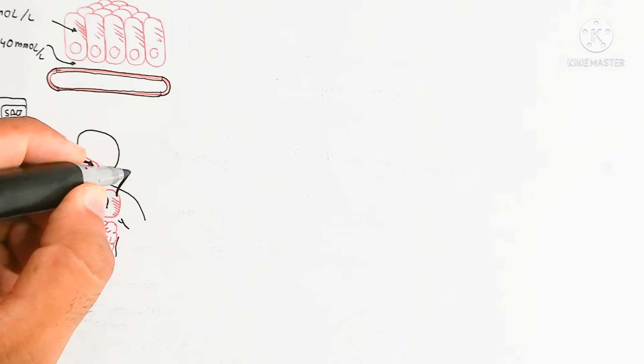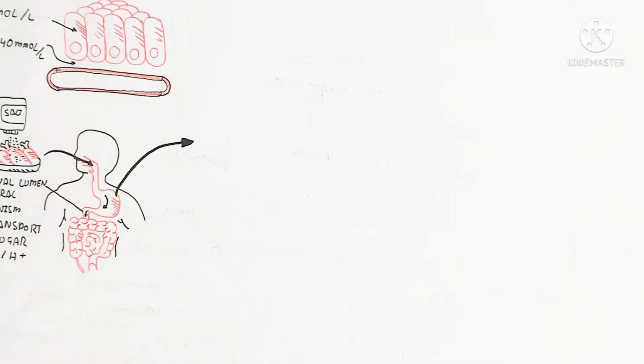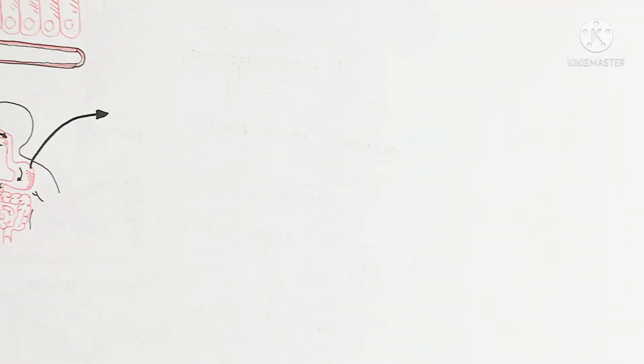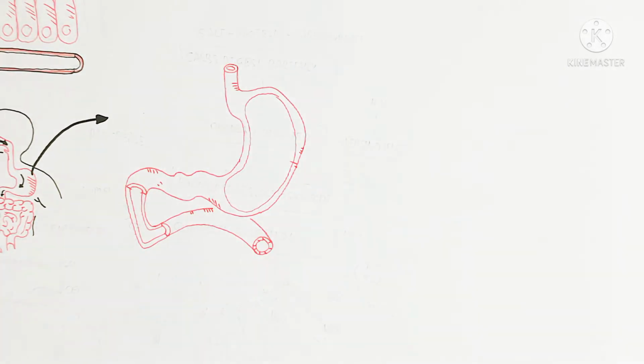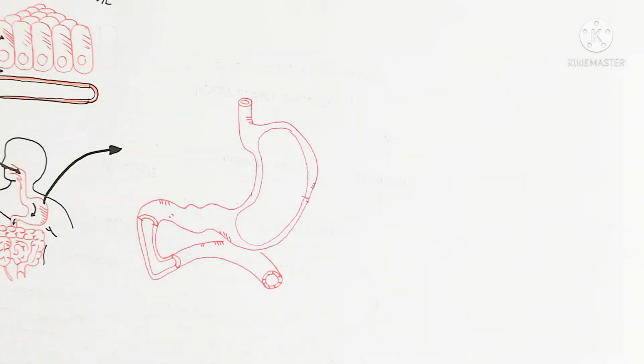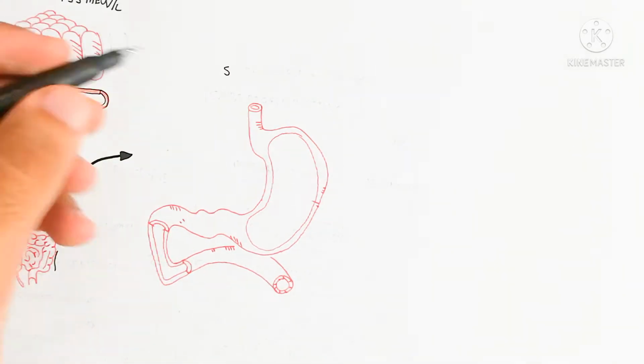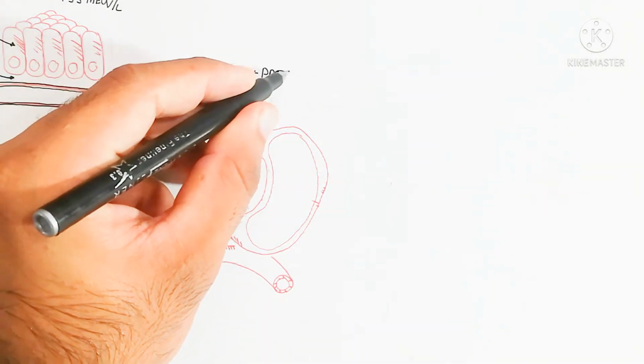First of all, we should understand the overview of the digestive system and the digestion of carbs and protein, because carbs and protein are important for the absorption of sodium. Here is the stomach, and the duodenum, with the pancreas on the duodenum side.